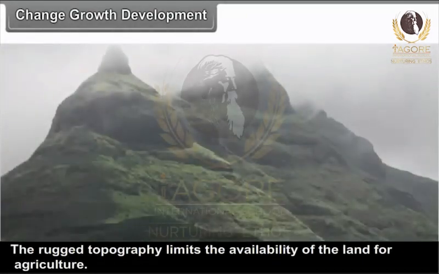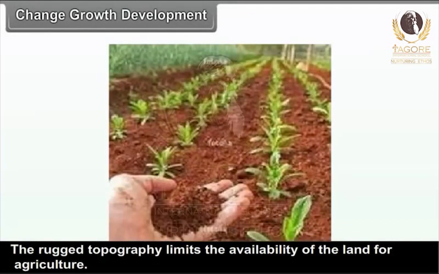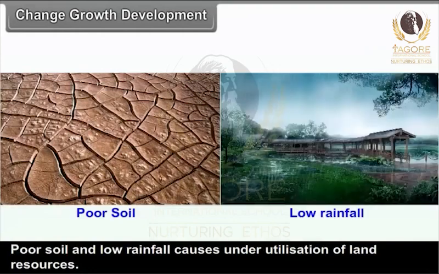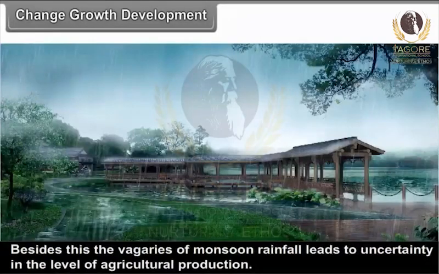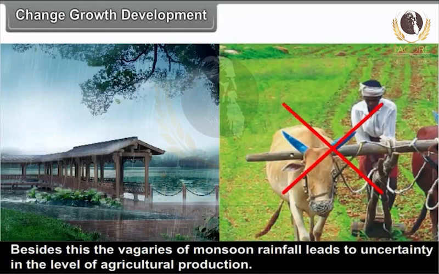The rugged topography limits the availability of land for agriculture. Poor soil and low rainfall cause underutilization of land resources. Besides this, the vagaries of monsoon rainfall lead to uncertainty in the level of agricultural production.